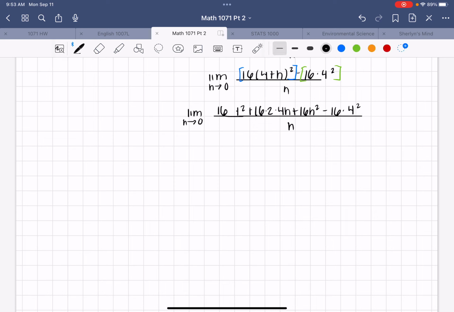So this is the limit as h goes to 0 of 16 times 2 times 4 plus 16h. Now, no division, plug 0 in for h. And so that term becomes 0. And you're left with 16 times 2 times 4, or 128 feet per second. Your instantaneous speed at 4 seconds.